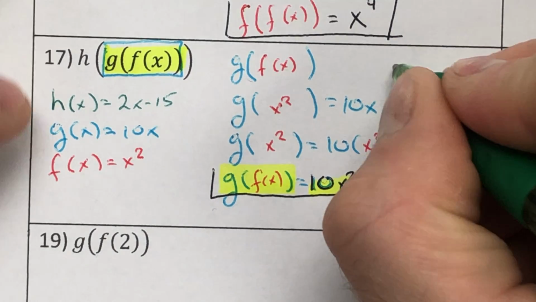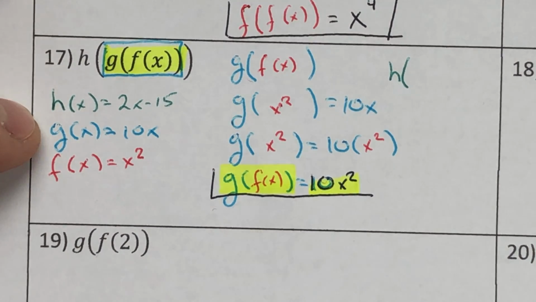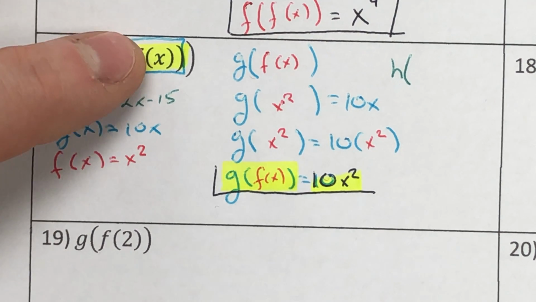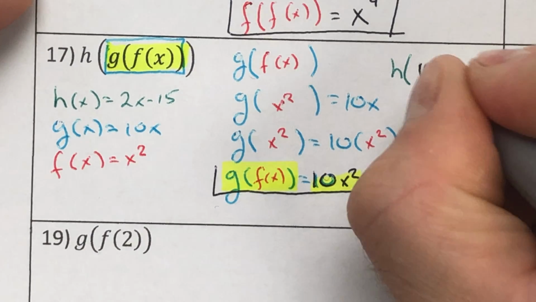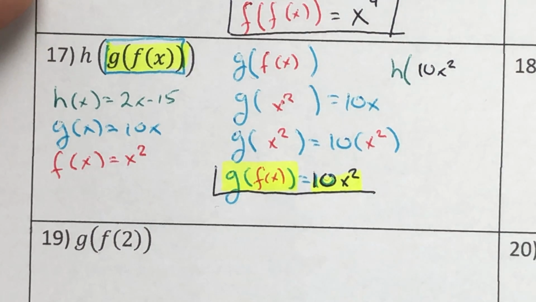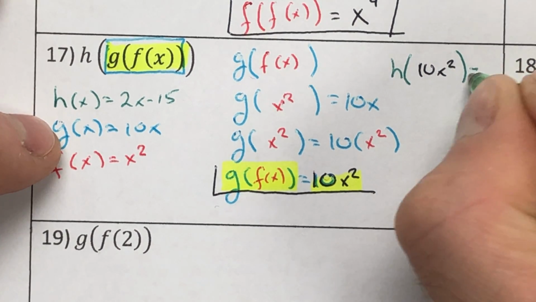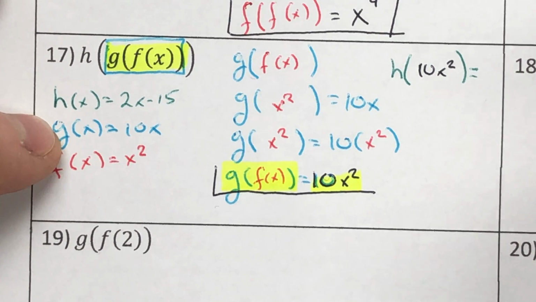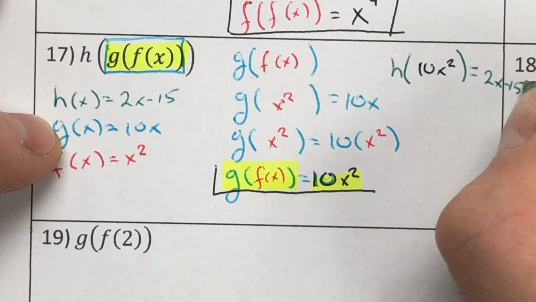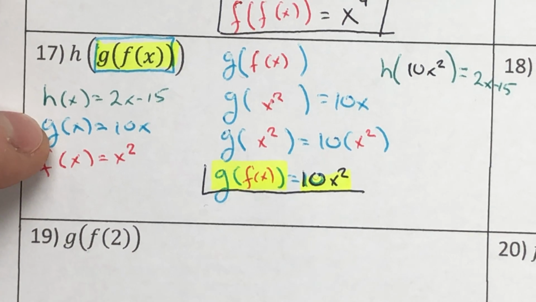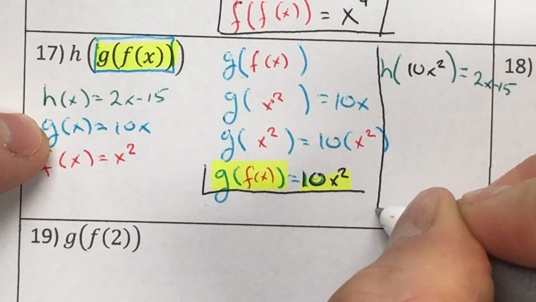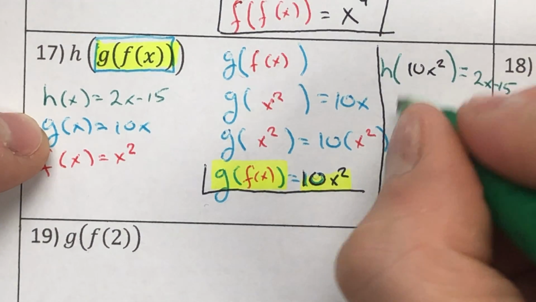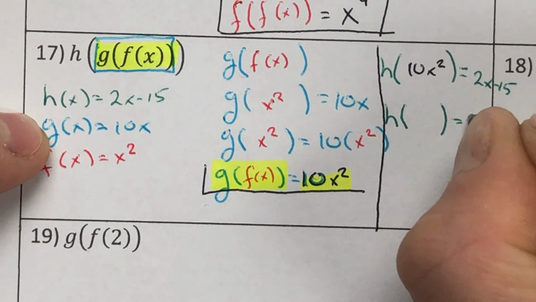So I'm going to come back around and say, okay, this is h of this expression, g of f of x, and we know g of f of x is equivalent to 10x squared. What are we plugging that into? h is equivalent to 2x minus 15. Okay. So if I take that, let's go ahead and give ourselves some barriers right here. If I have that, h of 10x squared is going to be 2.